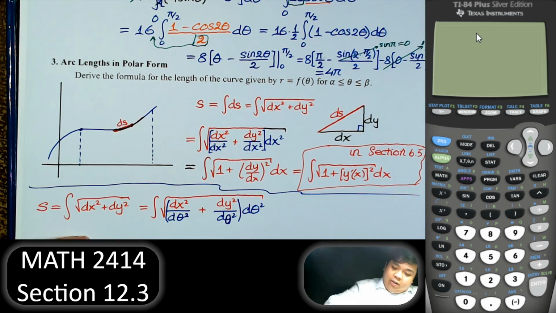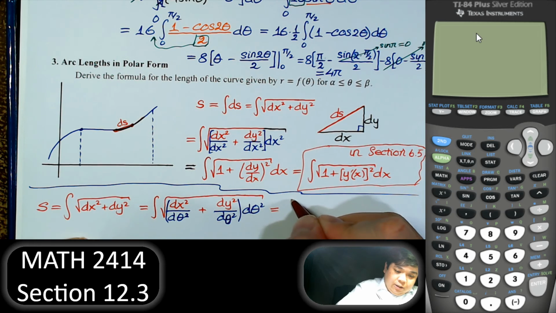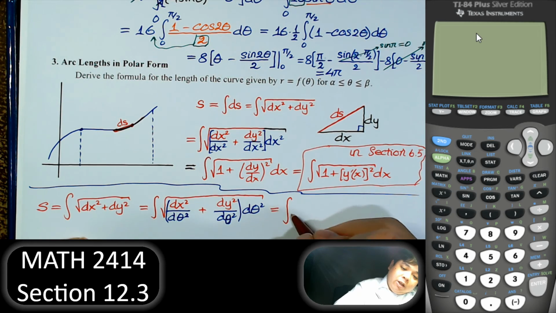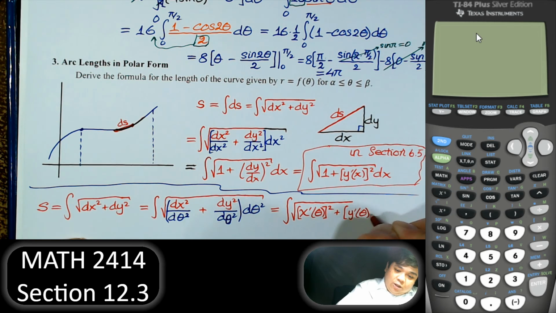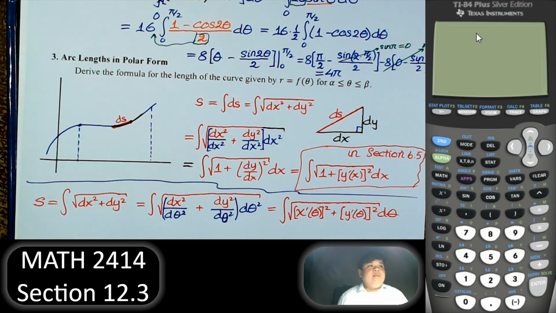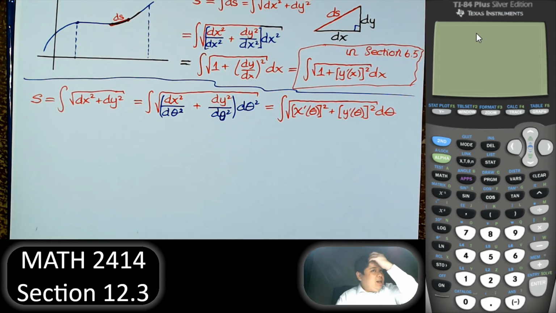We will have square root of derivative of x with respect to theta square plus derivative of y with respect to theta square, d theta coming outside. Right, so we just like that.